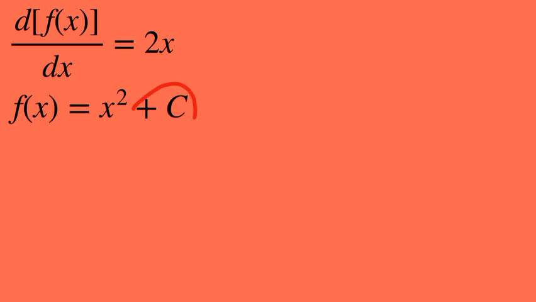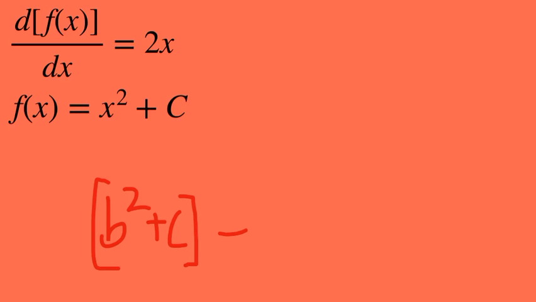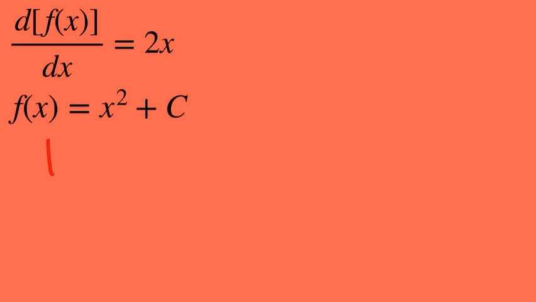So that's why you add a c, but then in the integral you get rid of the c, because you do, in this case, b squared plus c minus a squared plus c, and the c's just cancel out. You can sometimes tell what the c is by knowing what this F of a equals.